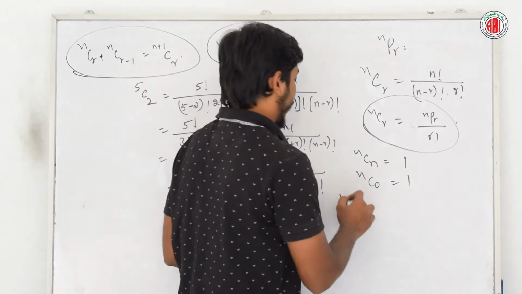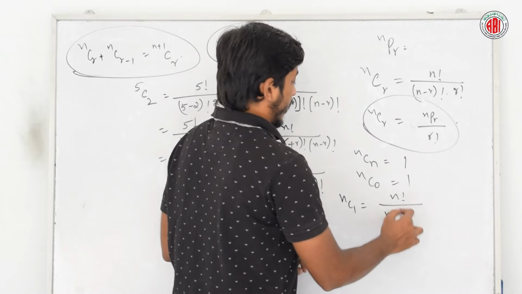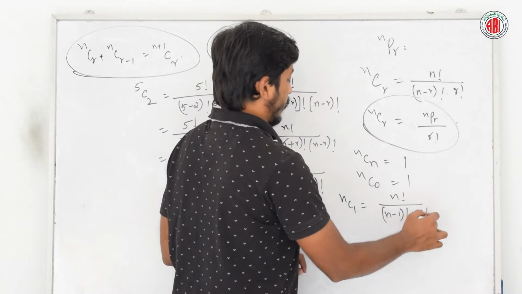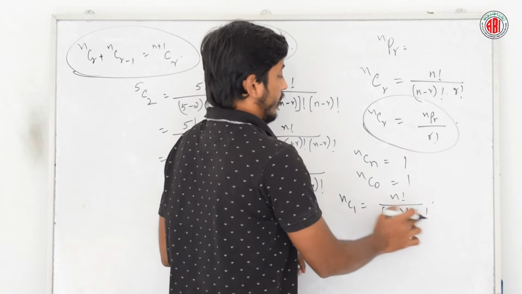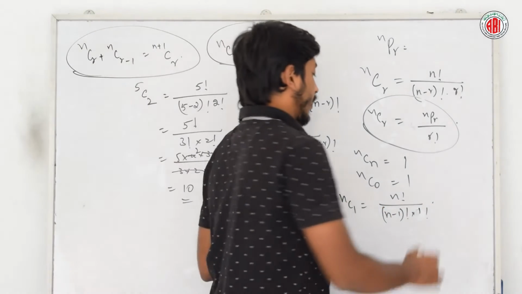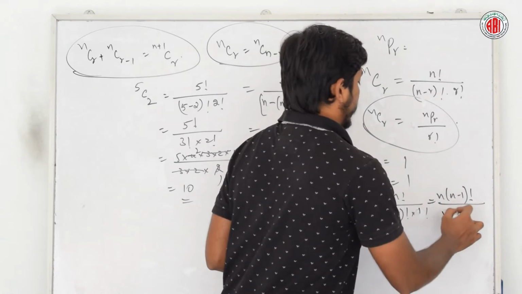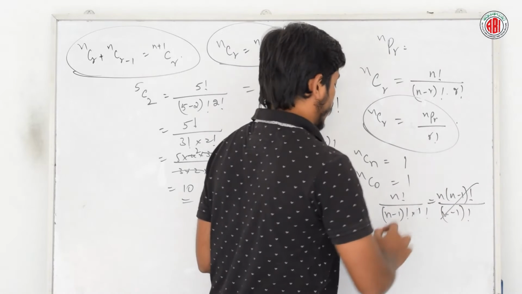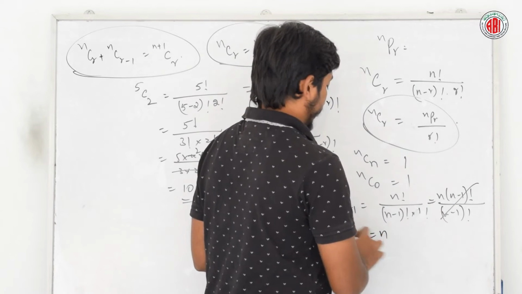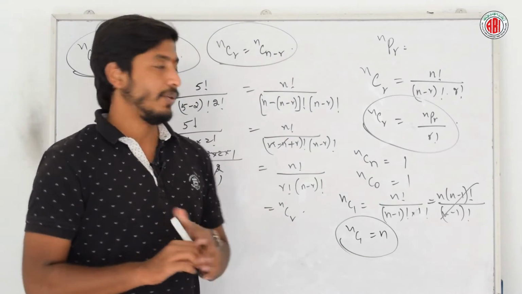You can calculate it. nC1 is n factorial by (n minus 1) factorial into 1 factorial. Now if you observe, n factorial can be written as n into (n minus 1) factorial. So these both will get cancelled, and I will get nC1 as n. Did you understand?